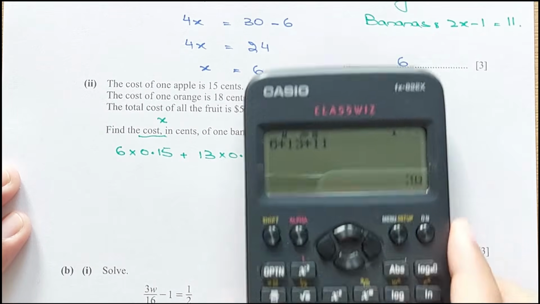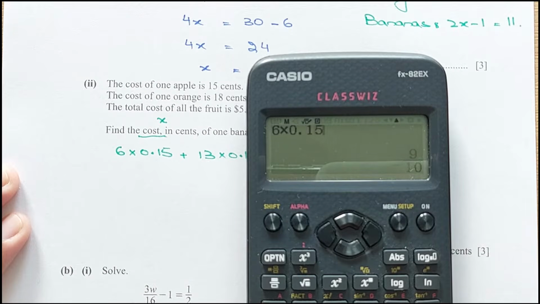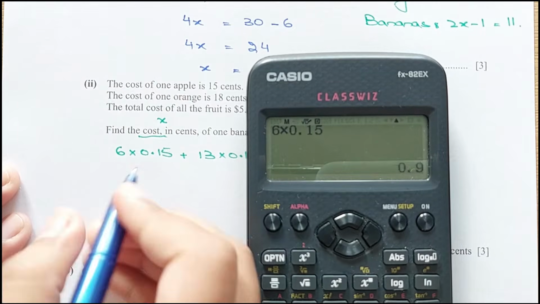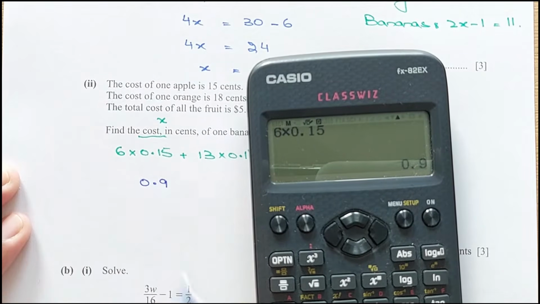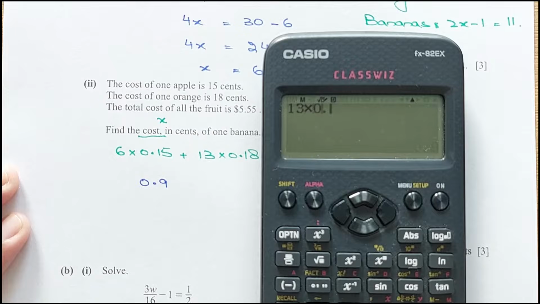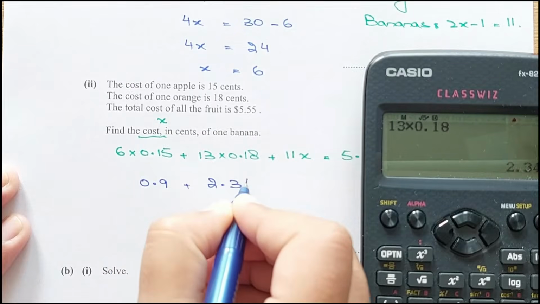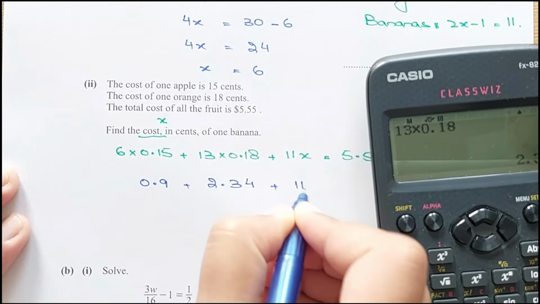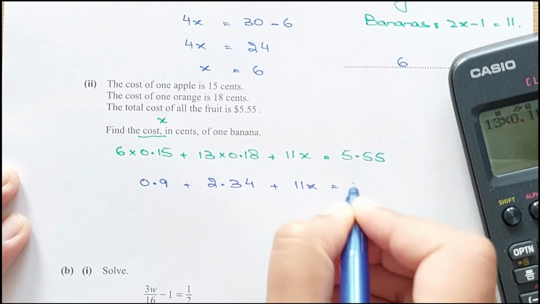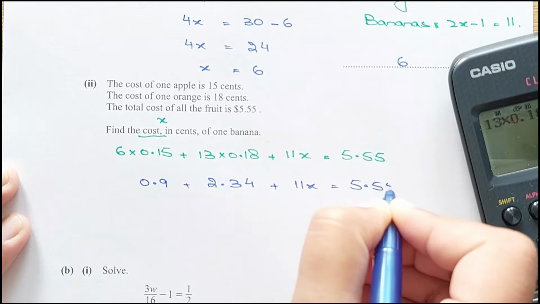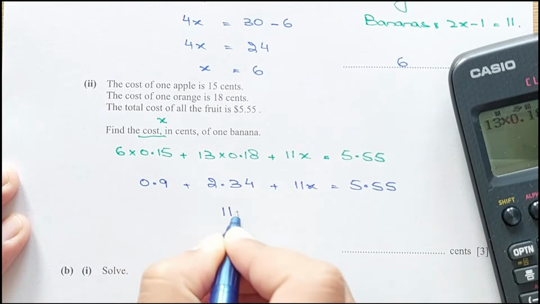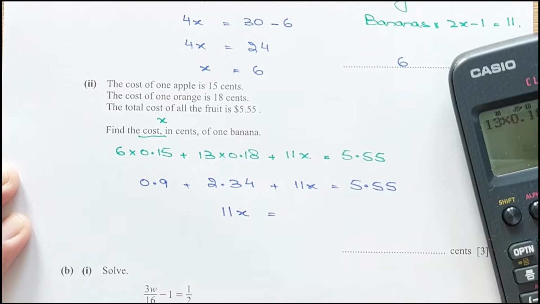So let me simplify. 6 times 0.15 is 0.9, and 13 times 0.18 is 2.34. So 2.34 plus 11x equals 5.55.